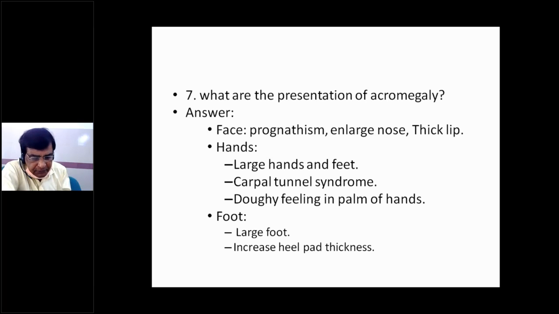Carpal tunnel syndrome means compression of the median nerve, causing wasting of the thenar muscle, tingling and numbness in the hands, and a dewy feeling of the palm of the hand. Another one is frequent change of gloves and rings. It is a presenting feature of acromegaly.